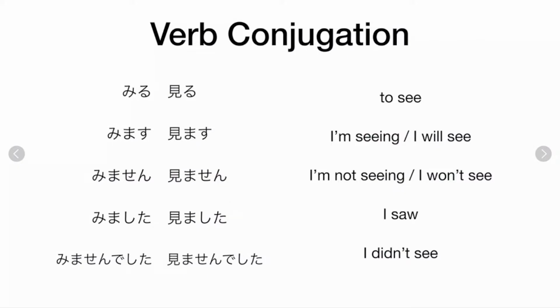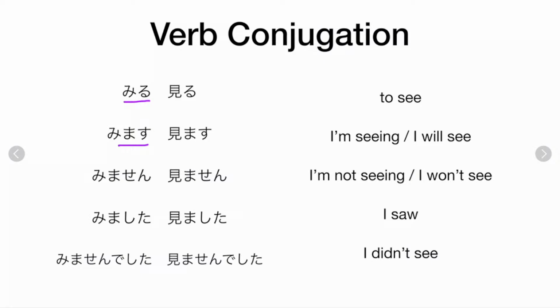Okay. So here is miru, which is an iru-eru verb. And so here are the different ways that miru would be conjugated. So miru itself is to see. You drop the ru and you add your ending. So mimasu is I will see, right?